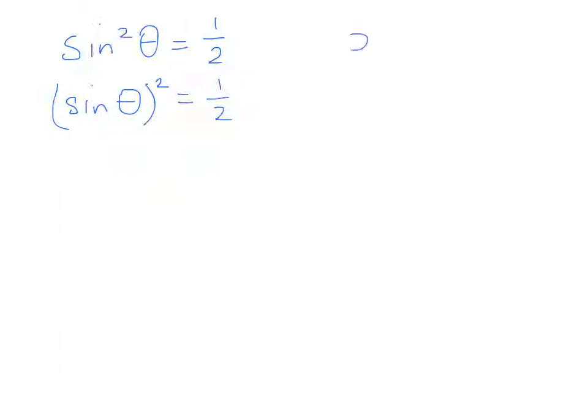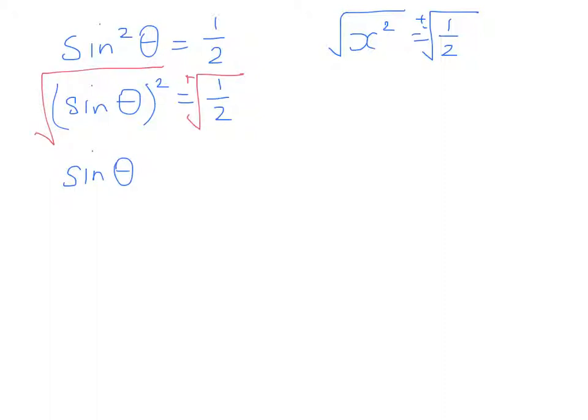Alright, let's look at another one. This time I've got sine squared theta equals a half. Okay, well, sine squared theta, that just means sine theta squared equals a half. Well, just like if I had x squared equals a half, I would square root both sides and take the positive and negative. That's exactly what I do here. I have sine theta, I square root both sides and take the positive and negative.